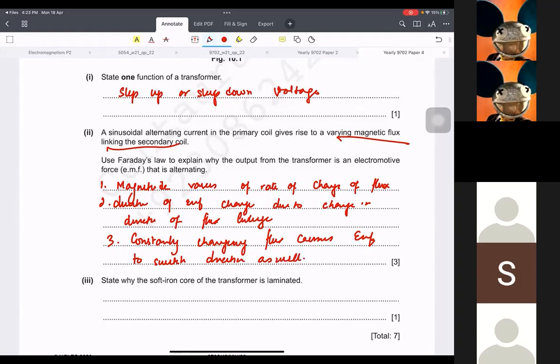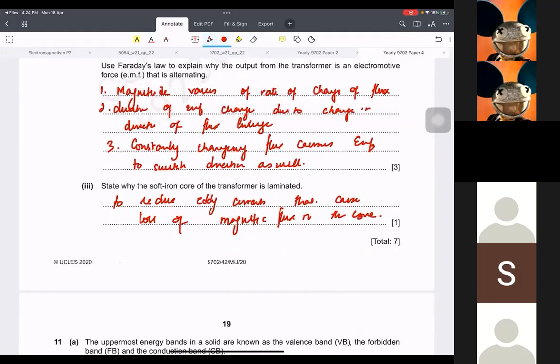Now, state why soft iron core is laminated: to reduce eddy currents that cause loss of magnetic flux in the core. So you can write it like this.